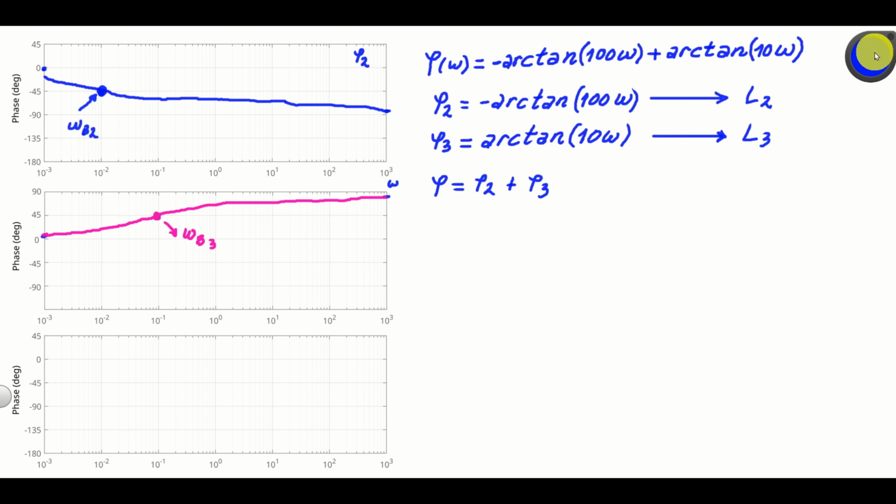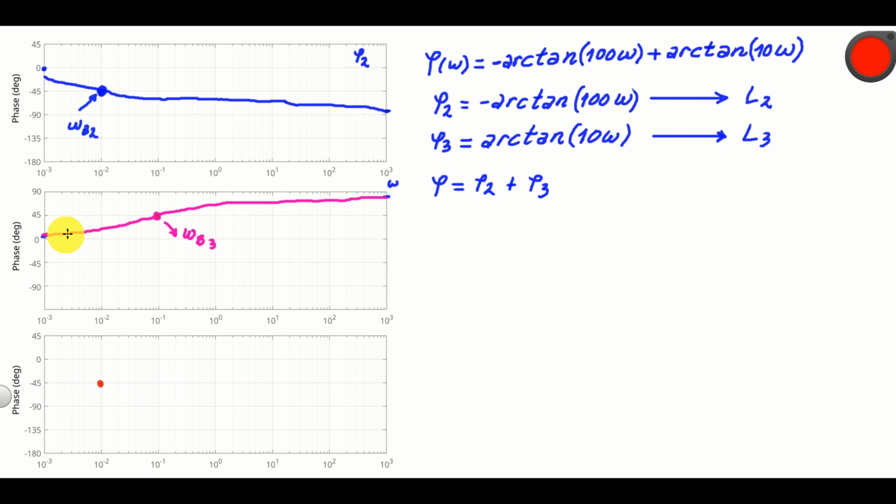Okay, now we are ready to sketch the final graph of our phi. We just need to superimpose these two functions, and let's do that. Let's see what happens over here. First of all, we can see that the function phi 2 is dominant over here, and it's dominant until approximately its breakpoint over here. Then we will have another breakpoint, that is the breakpoint of our other function, and let's sketch everything.